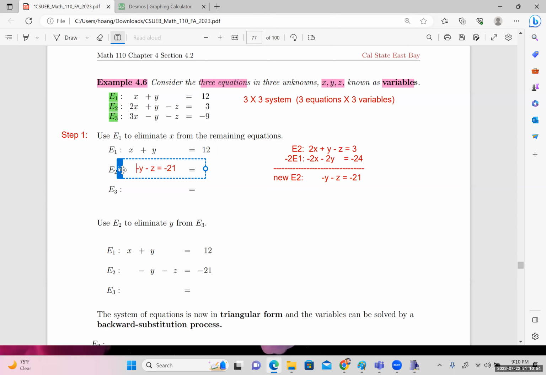So I'm gonna put this new equation down to here. I'm gonna move the y to be in the same column with the y. And we have to have the equal sign there. So we're just gonna move this a little bit. Maybe I'm gonna move this in the middle here. Okay. So nice.